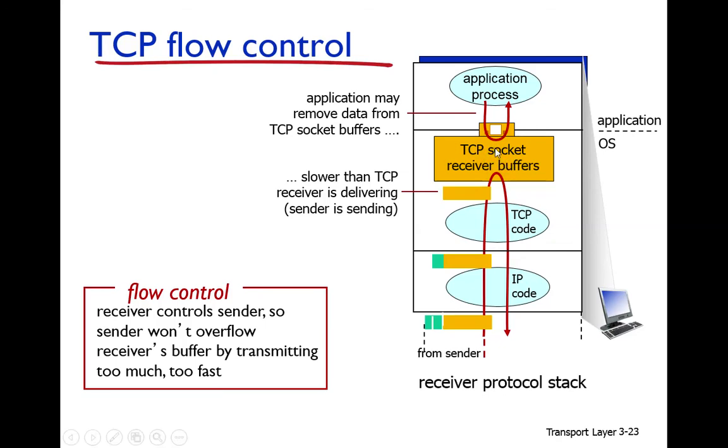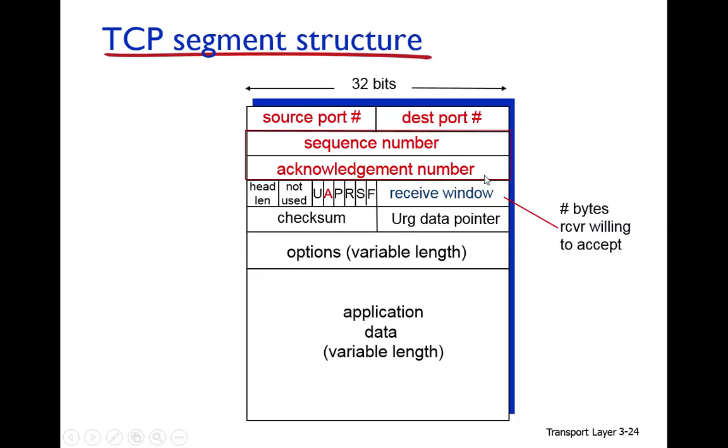This free space is set as the value in this receive window field of the TCP, which is used for flow control and indicates that much byte space is available in the receiver buffer.